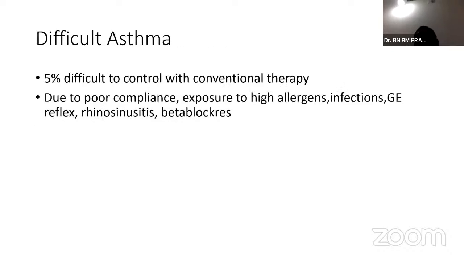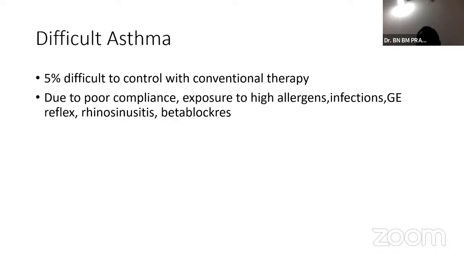So we have several groups of asthmatics who are difficult asthmatics. There are 5% of asthmatics who are very difficult to control with conventional therapy. It may be because of poor compliance, exposure to high allergens, infections, GERD, rhinosinusitis, use of certain drugs, all these things, or they may be resistant to steroids.